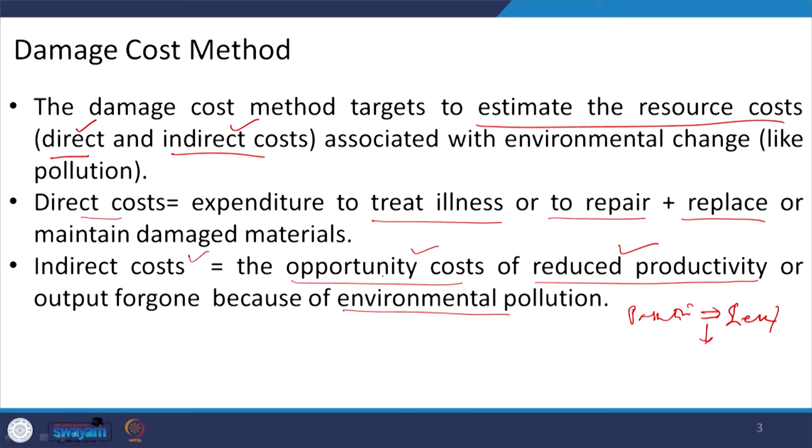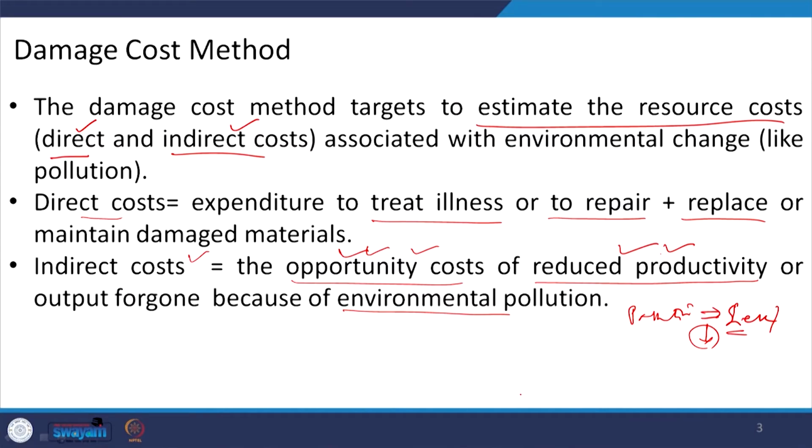Because of the pollution you are losing or reducing your productivity, and that must be taken into account, which is known as the opportunity cost of reduced productivity. That means if the pollution was not there, then your productivity could have been added; you are not going to lose any productivity. So this is the opportunity cost of reduced productivity, or you can say the output foregone because of environmental pollution.